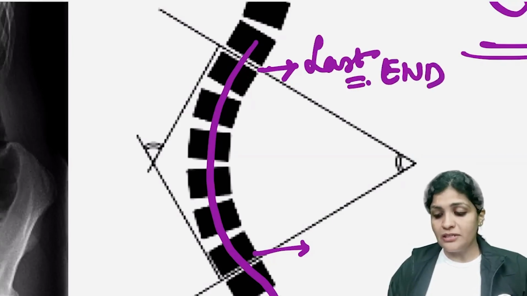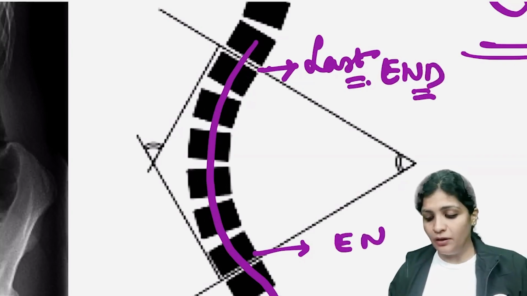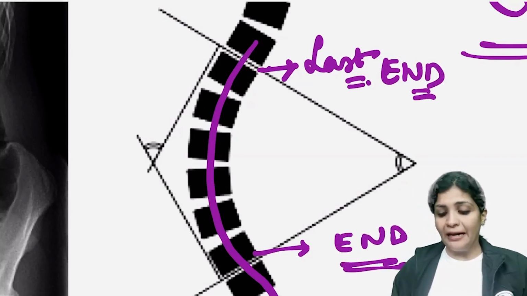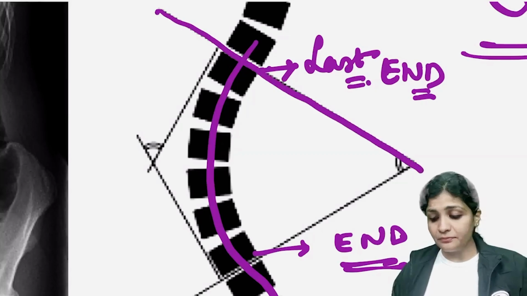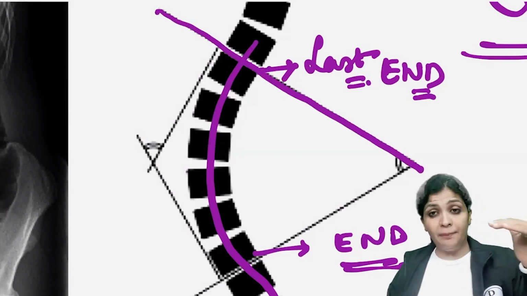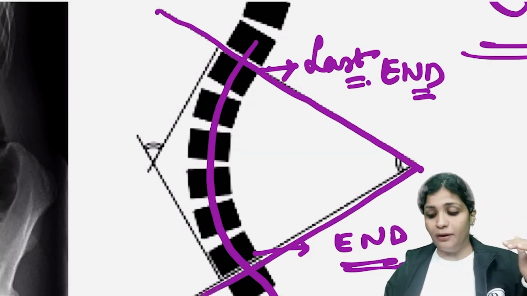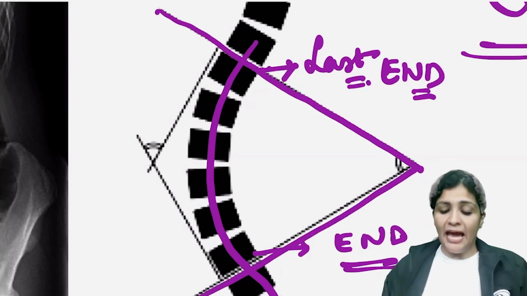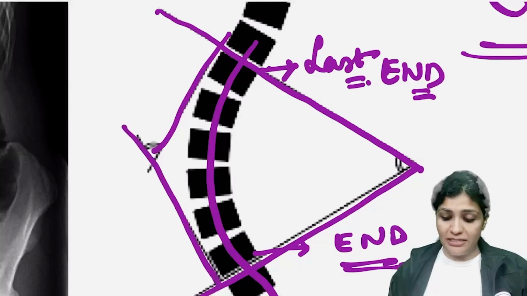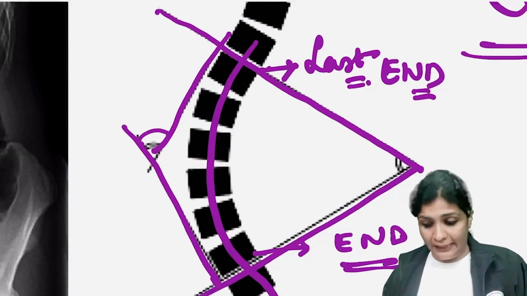This is the end vertebra and this is the end vertebra. You draw parallel lines over the upper part of the upper vertebra and the lower part of the lower vertebra. These are called the end plates. Then you draw perpendiculars to these two lines, and this is your Cobb's angle, right?